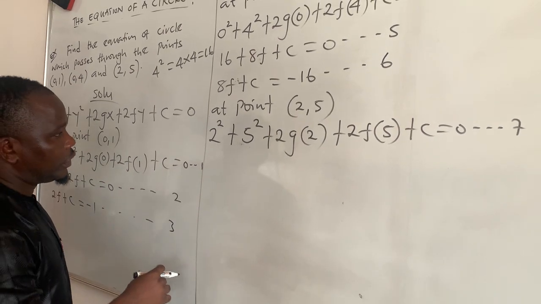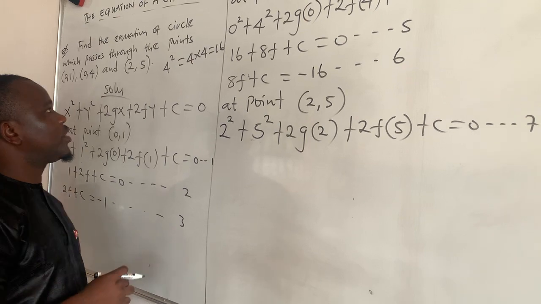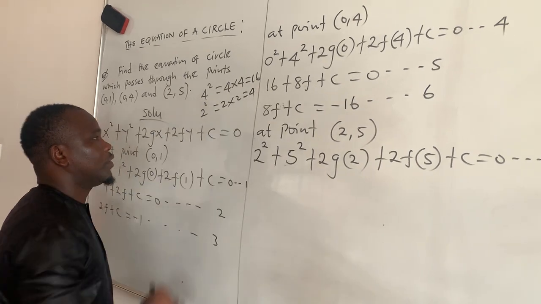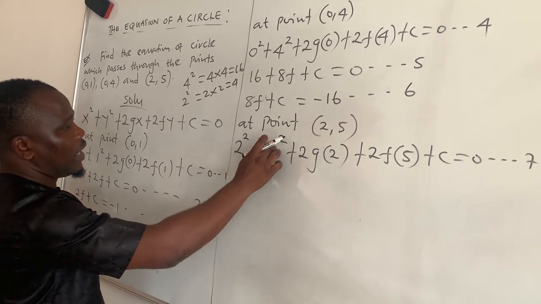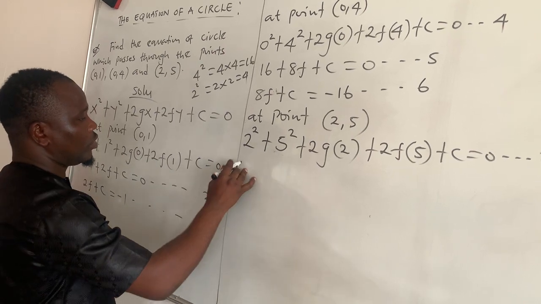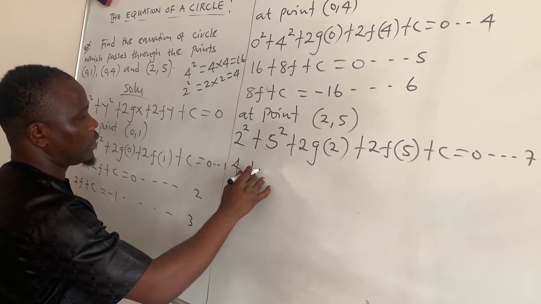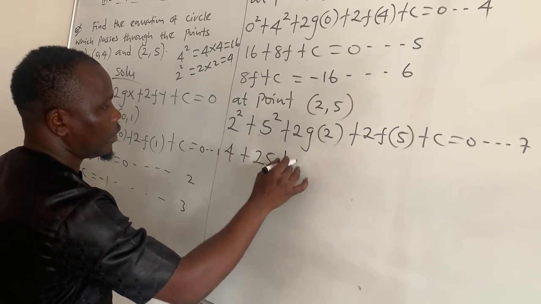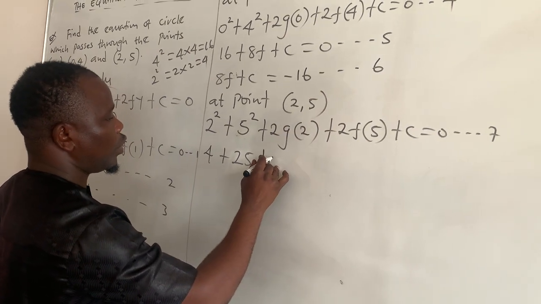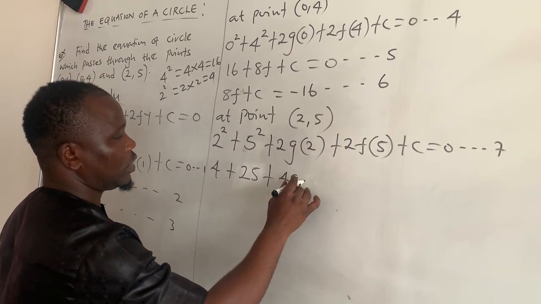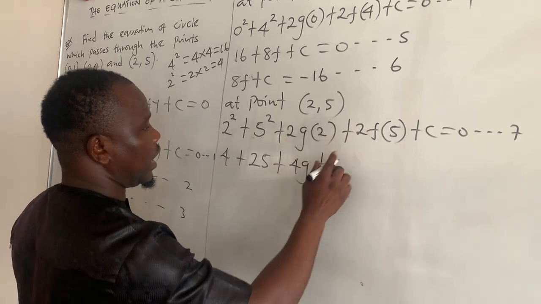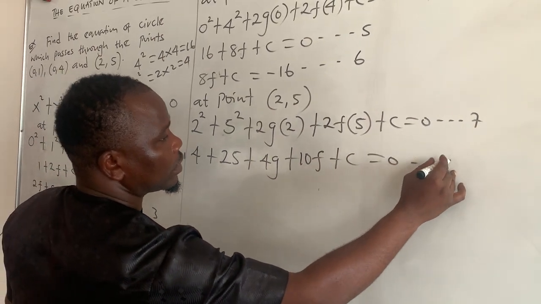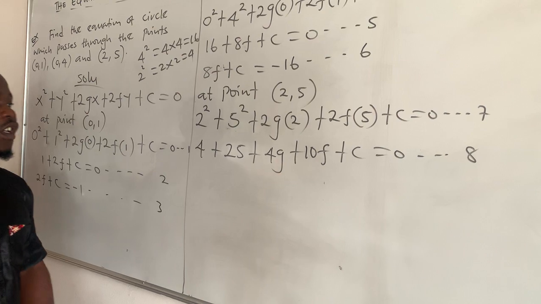We know that 2 raised to the power 2 is the same thing as 2 times 2, which will give us 4. Likewise, 5 raised to the power 2 is the same as 5 times 5. So here would be 4 plus 25 plus 2g times 2 will give us 4g plus 2f times 5 will give us 10f plus c equals to 0. We name this one equation 8.